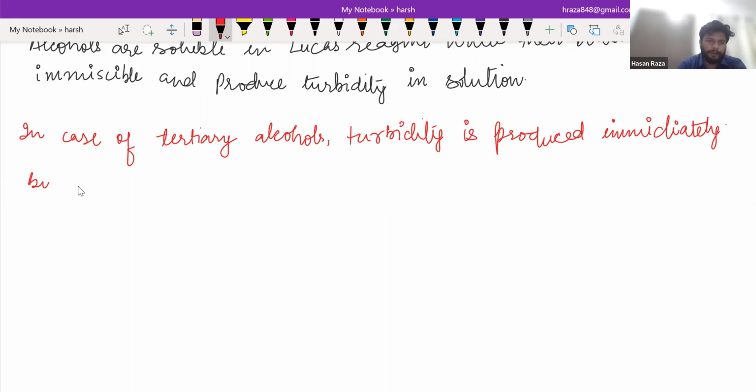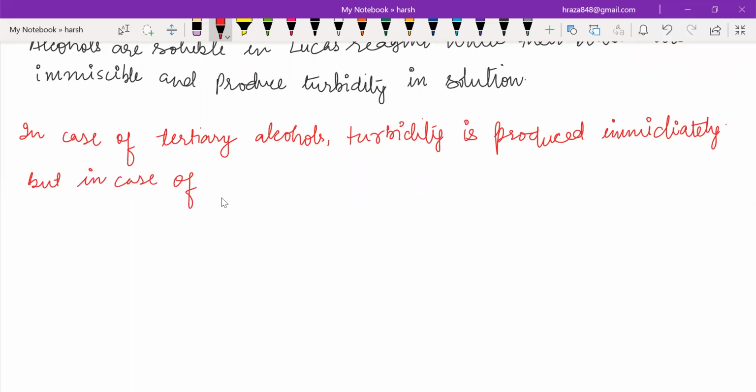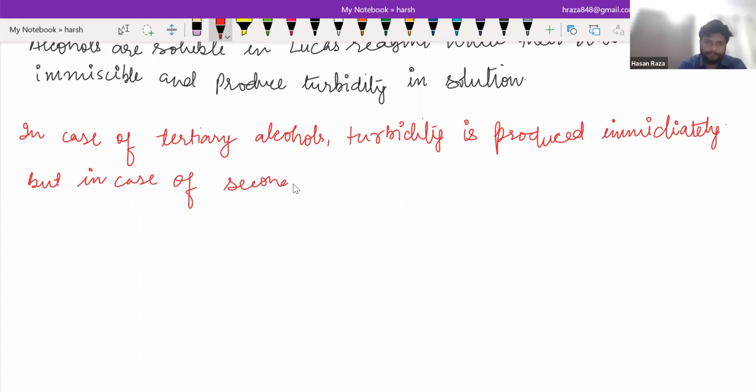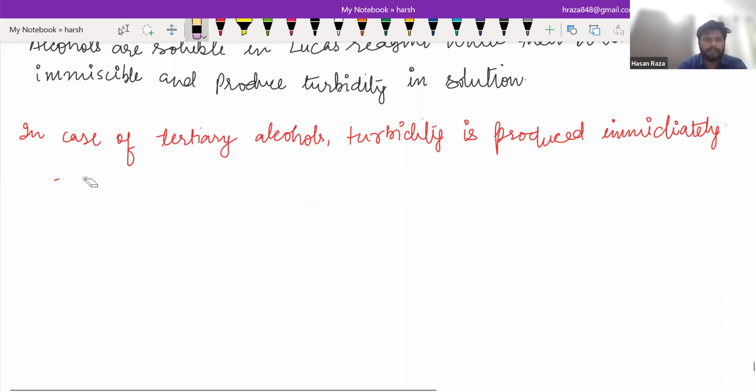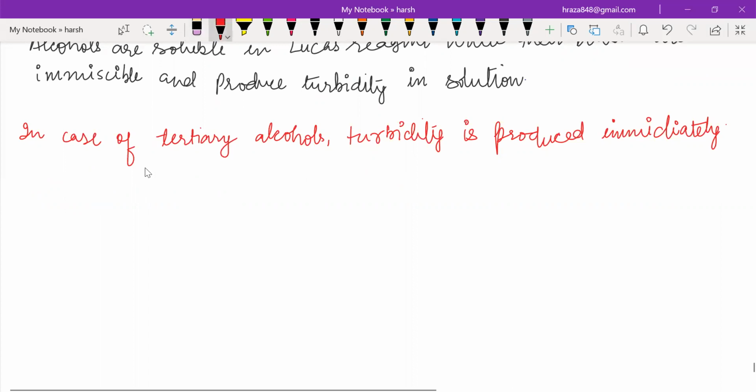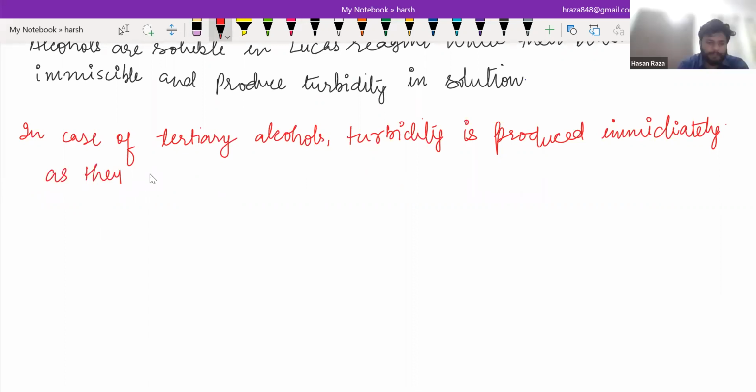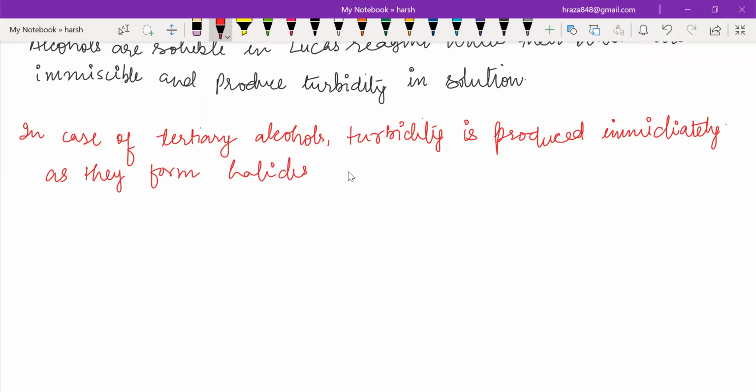But in case of primary and secondary alcohols, wait a minute, let me explain it one more time. In case of tertiary alcohols, turbidity is produced immediately as they form halides easily.